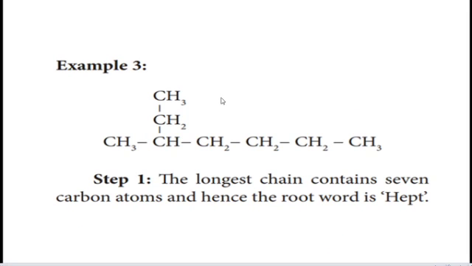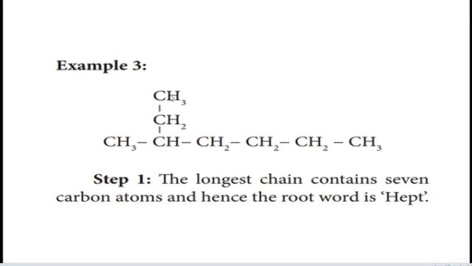Next, example 3. CH3, CH2, this is a branch. Then CH3, CH, CH2, CH2, CH2, CH3. Step 1. The longest chain contains 7 carbon atoms. Going from left to right, there are only 6 carbon atoms, 1, 2, 3, 4, 5, 6.